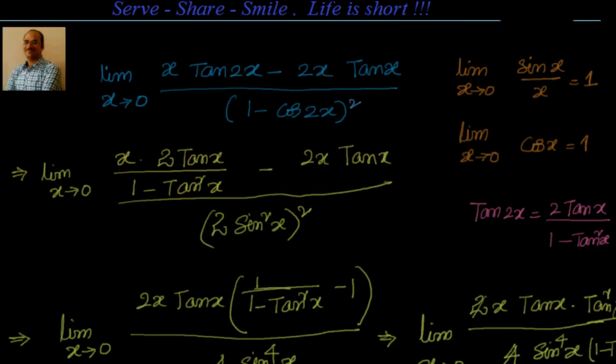In the next session we will look at examples where x is not tending to 0 but to non-zero values, like x tends to pi by 2, or x tends to a, or x tends to pi by 6.